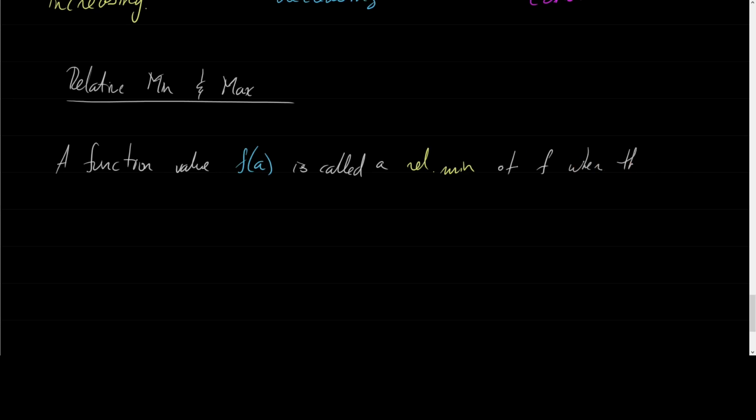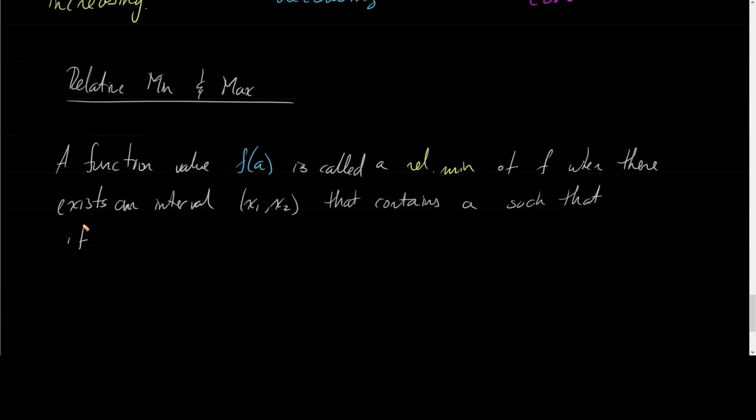when there exists an interval from x of 1 to x of 2 that contains a, such that if x of 1 is less than all the x's, and that's less than x of 2, so all the x's within the interval, that implies that f of a is less than or equal to f of x.